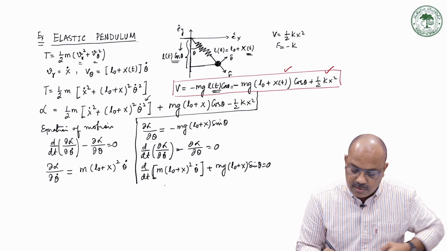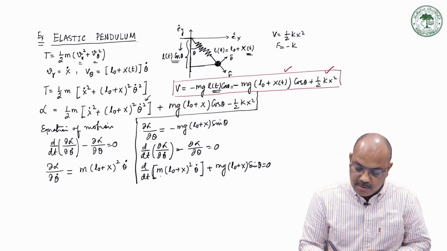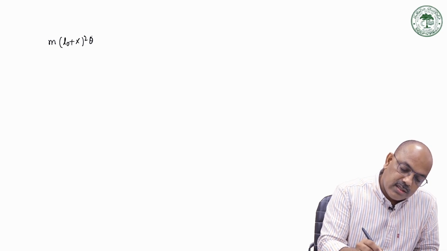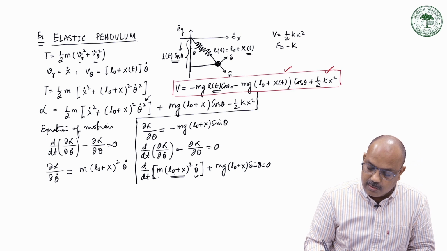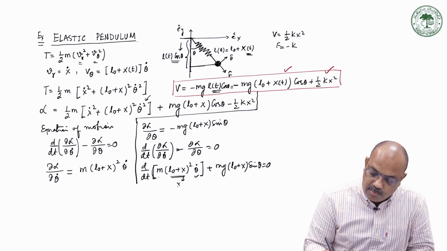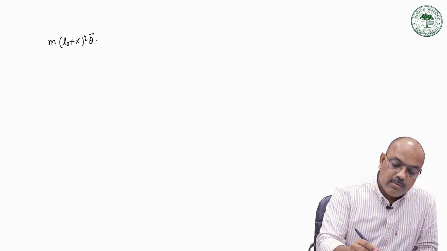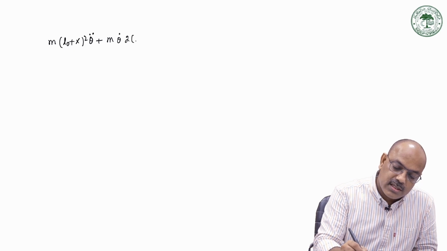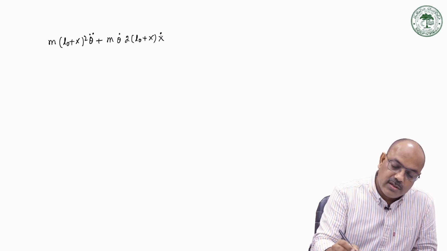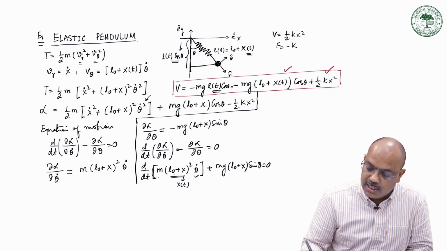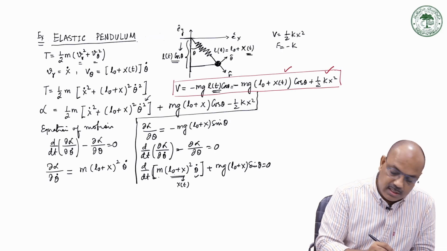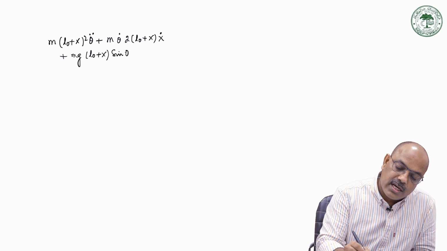If you differentiate it with respect to time, you're going to get m (L0 plus x) square theta double dot, and then because x depends upon t, I also have to differentiate that, so m theta dot times twice (L0 plus x) x dot, plus mg (L0 plus x) sin theta equal to 0.